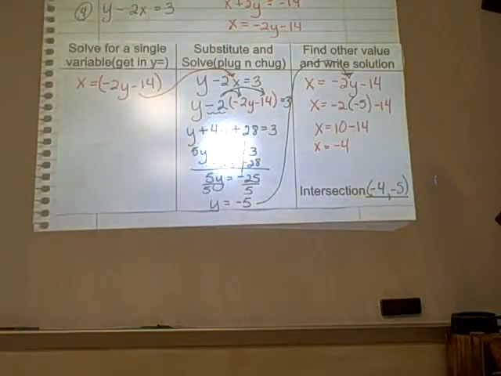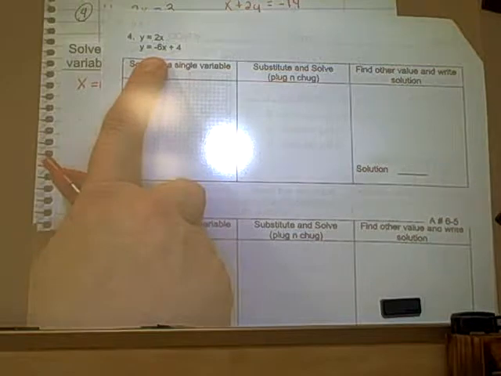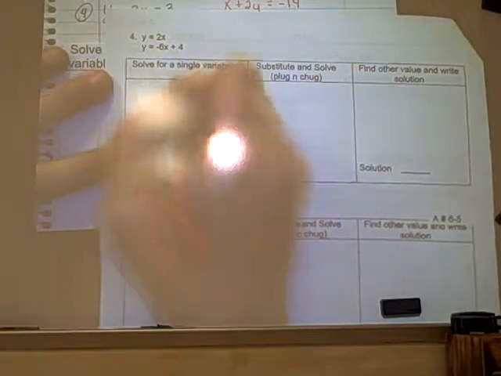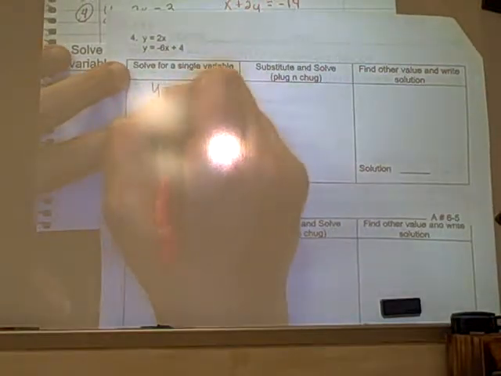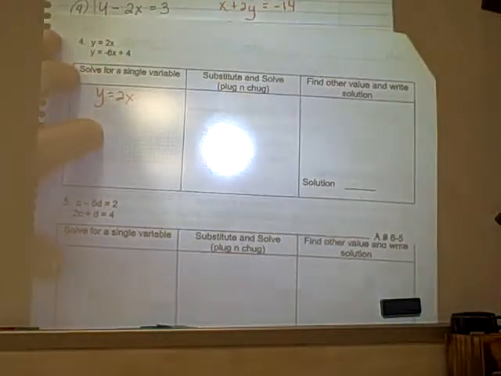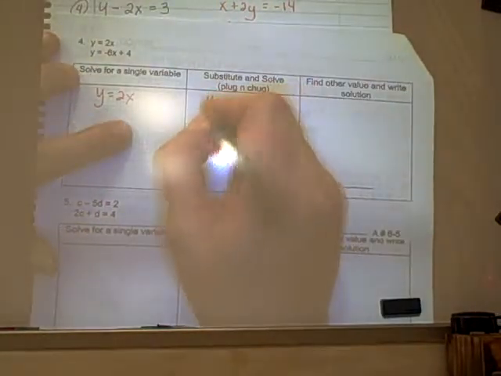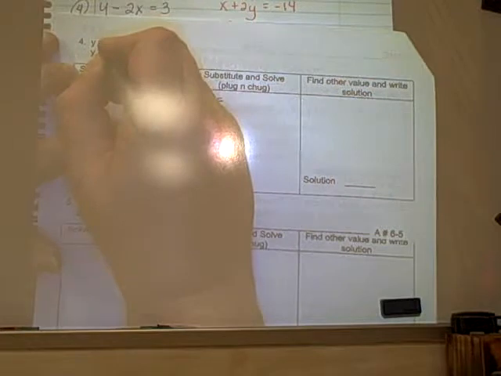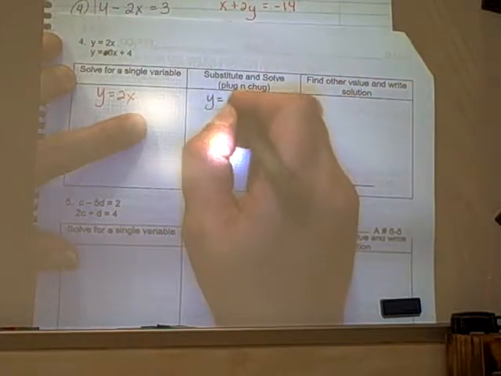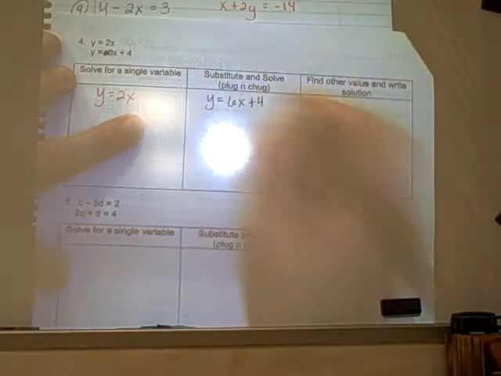Okay, there's also another one on number 4 where they're both in y equals. This one's going to be a little bit weird because you're going to have y equals 2x. And then here you'll have y equals, fix that to positive 6x. That shouldn't be negative. 6x plus 4.